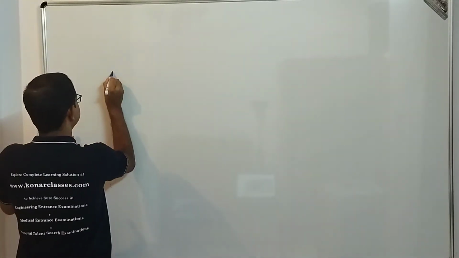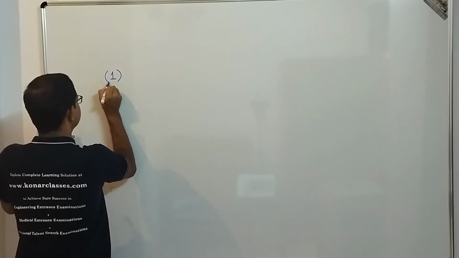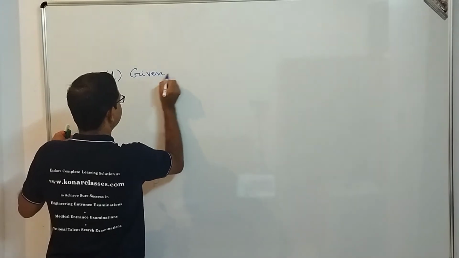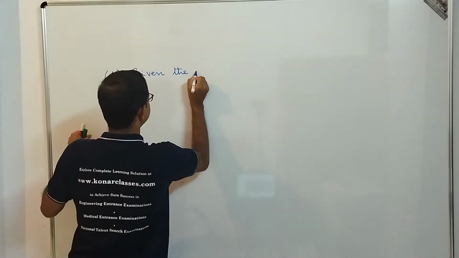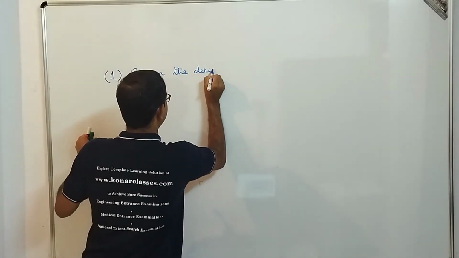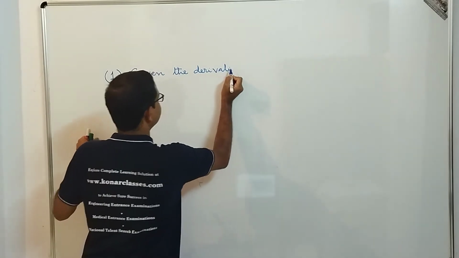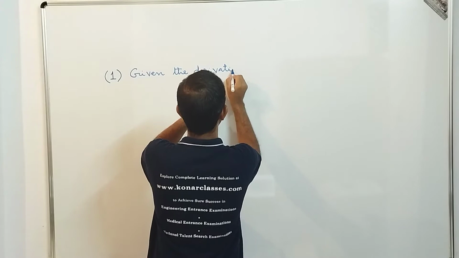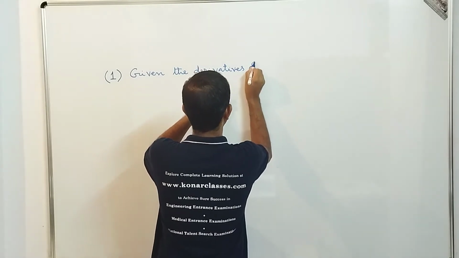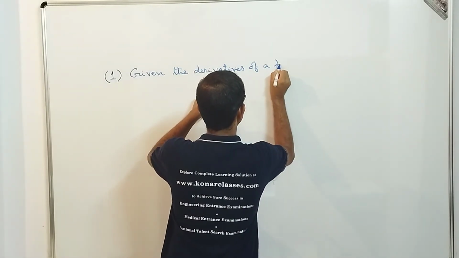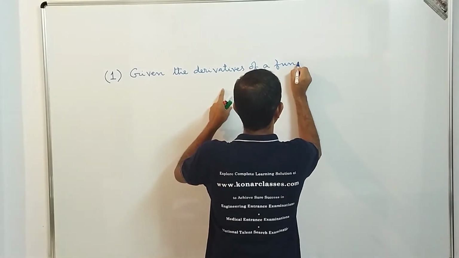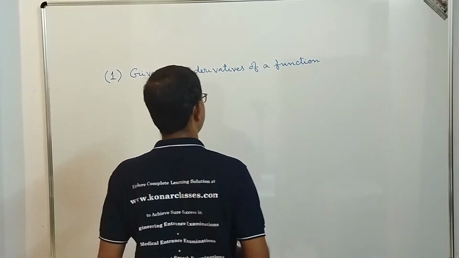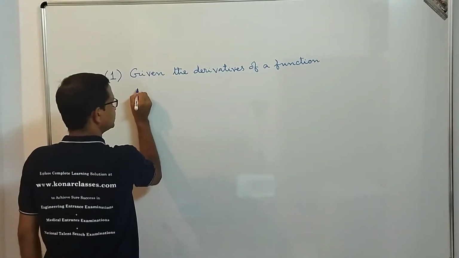The first one is, given the derivatives of a function, can we find the function?